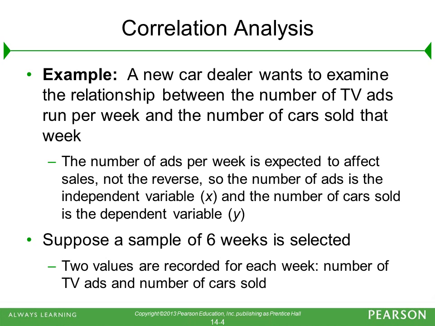So let's take a look at this example. A new car dealership wants to examine the relationship between the number of TV ads that they run per week and the number of cars sold. So the assumption is that the more ads you run, the more cars you sell. So which one of these becomes the independent variable? The ads, because the ads are the predictor of the cars being sold.